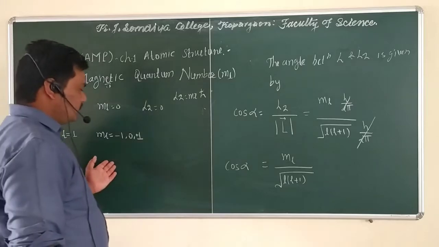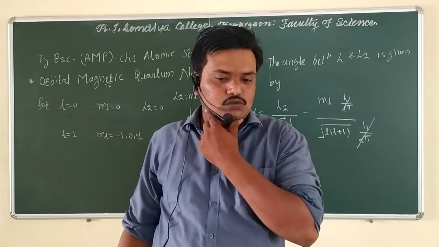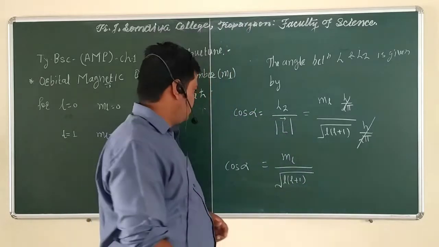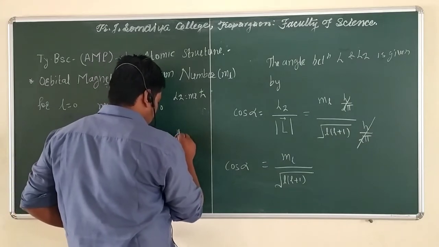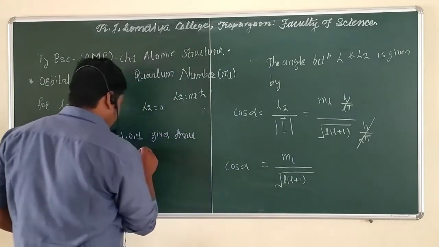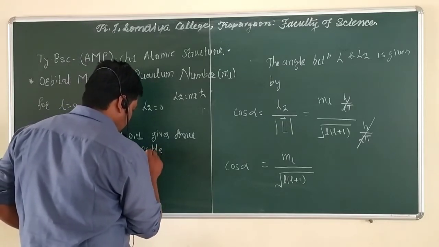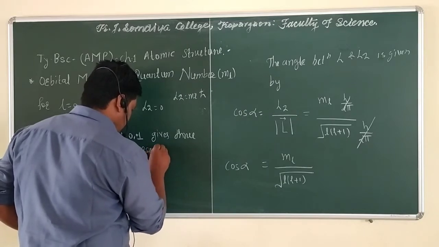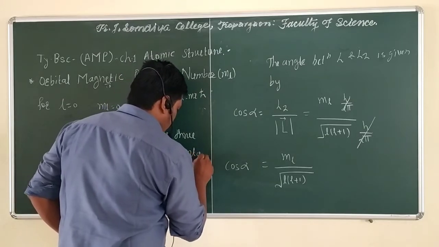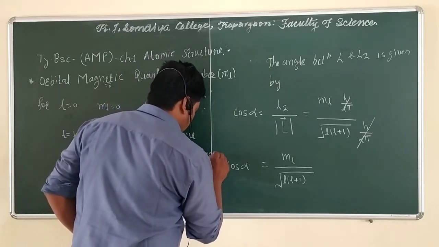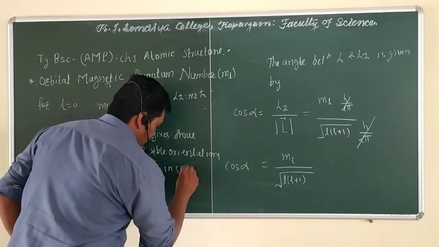So that gives 3 possible discrete values, or gives 3 discrete possible orientations of L bar in space.